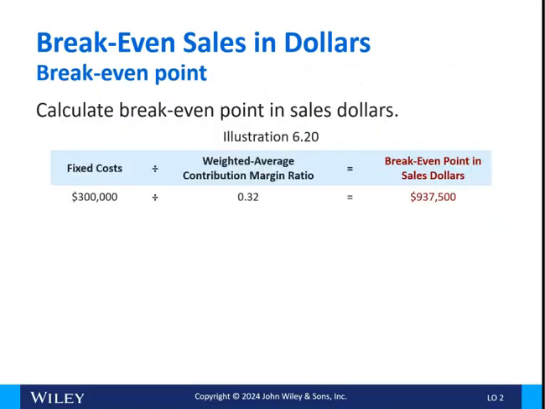To calculate break-even point in sales dollars, we take our fixed costs divided by our contribution margin ratio. So it's that same formula, but now we're using our weighted average contribution margin ratio, 32%. So break-even point in sales dollars, $937,500.